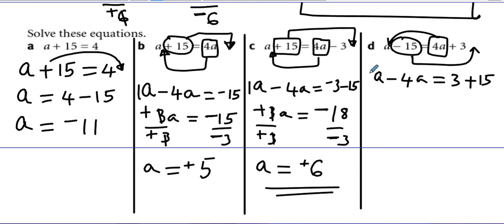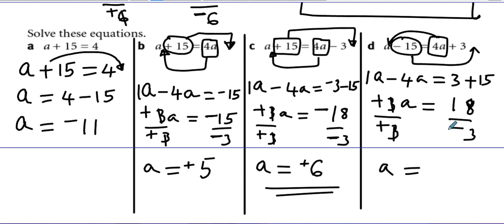So this will be 1a minus 4a is negative 3a. So negative 3a equals 3 plus 15, which is 18. Okay, to find the value of a, divide by negative 3 on both sides. This will be a equals, positive divided by negative is negative, 18 divided by 3, that is 6.